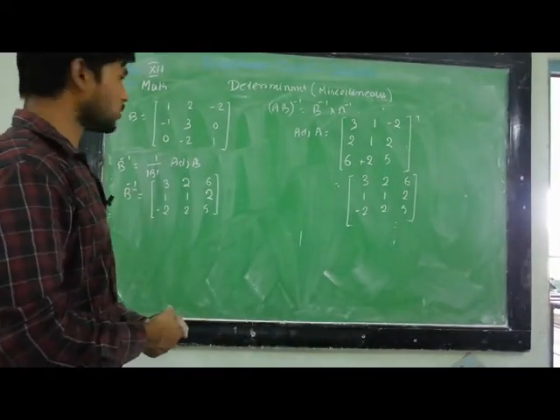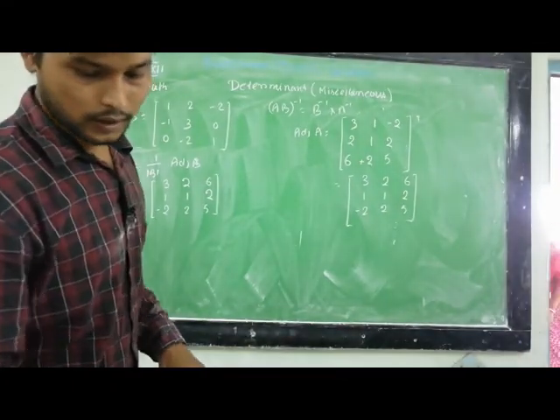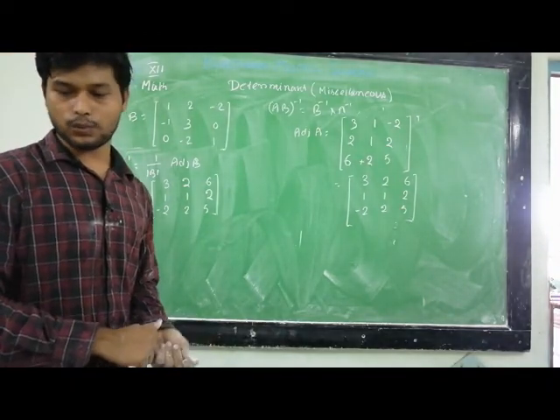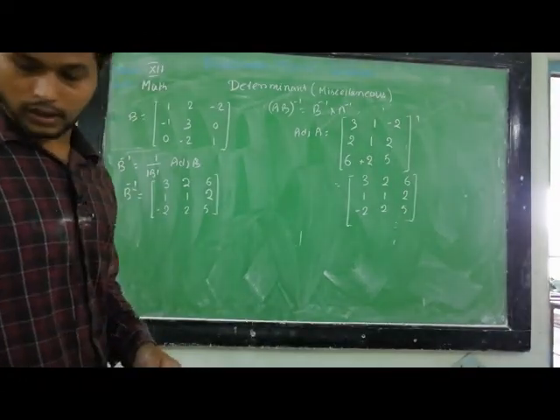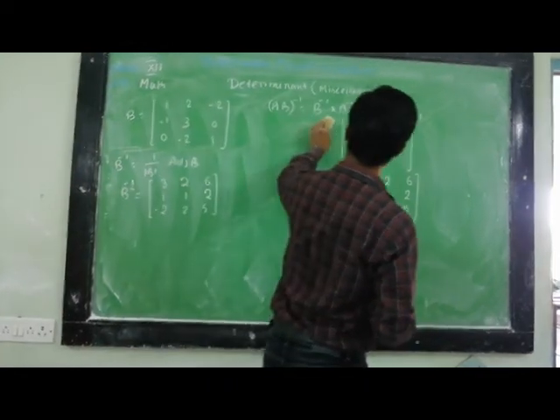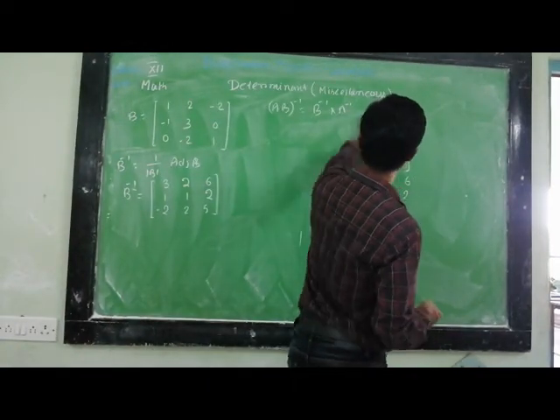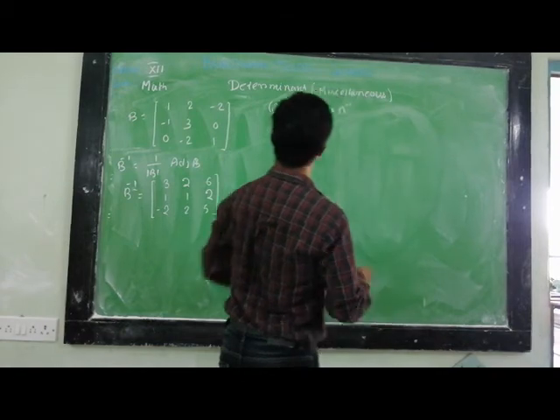Now B inverse is known and A inverse is also given. Now we have to calculate (AB) whole inverse. We will apply the formula that (AB) whole inverse is equal to B inverse into A inverse.